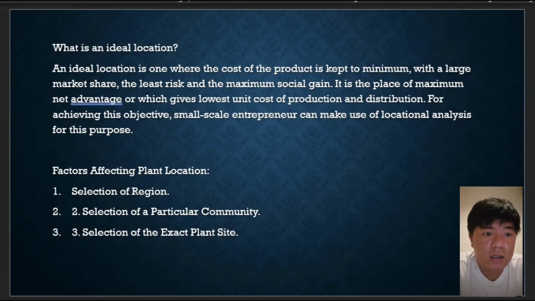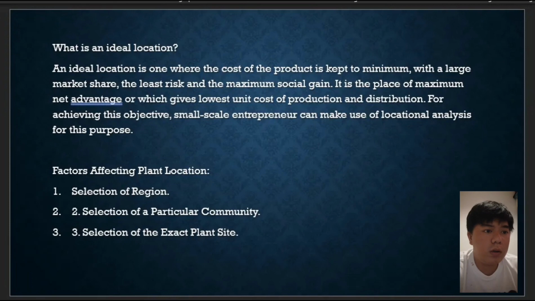It is the location with the greatest net advantage, or with the lowest production and distribution cost per unit. A small scale business owner might employ location analysis for this goal in order to achieve it. So that's all.